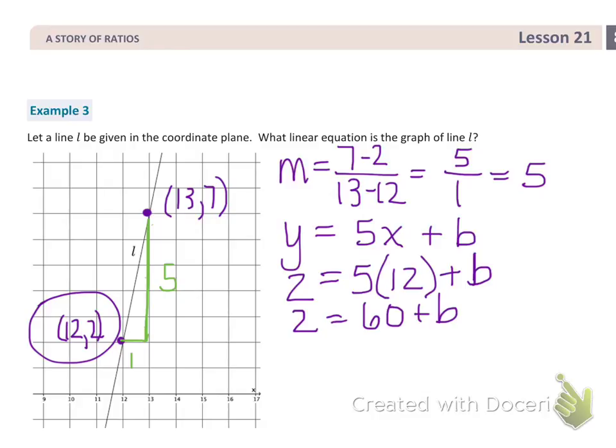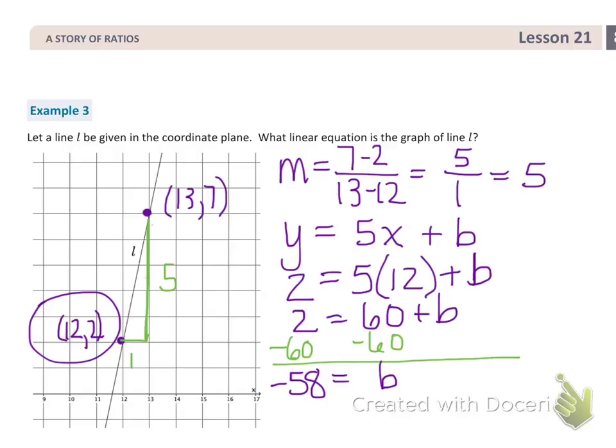Now I want to subtract 60 from both sides, and end up with b on the right side of the equation. 2 minus 60 is the same as 2 plus negative 60. So this is going to be negative 58. So my y-intercept is negative 58.